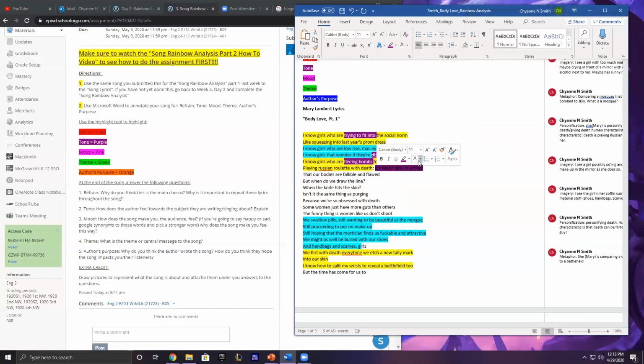Let's see what else has tone. I need to take a look at my notes. Give me one second. Okay. So then I also put when the knife hits the skin. That I thought carried some tone that continues that negative tone.